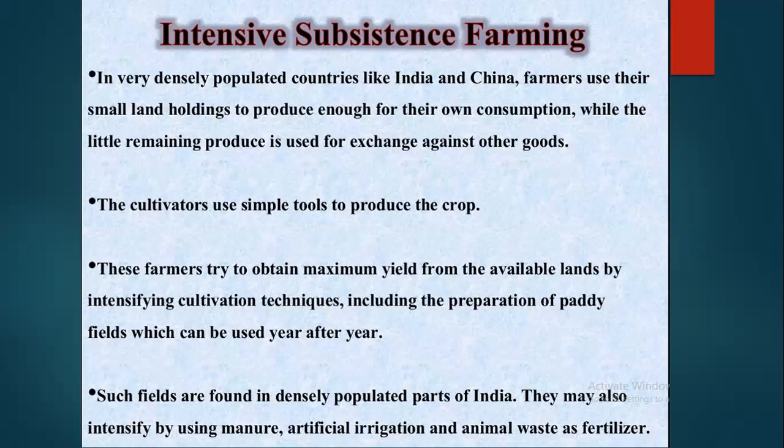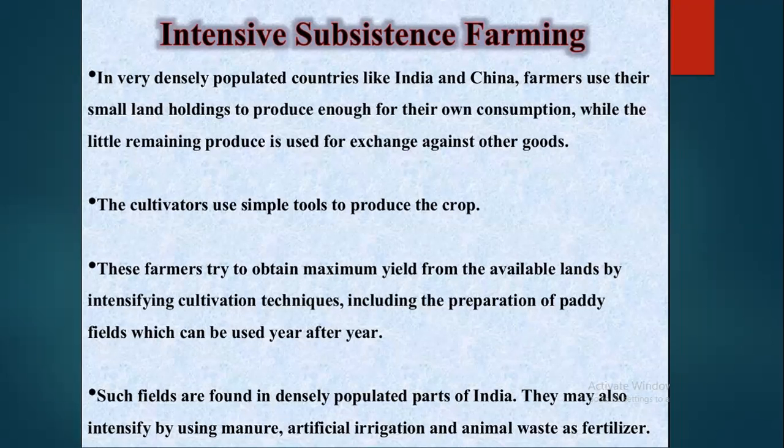And here, as I told you, modern methods are not used much. Very simple tools are there to produce the crop, as we had in our traditional method. Here the farmers try to obtain maximum yield from the available lands. And for that, they use intensifying cultivation techniques. What are they?